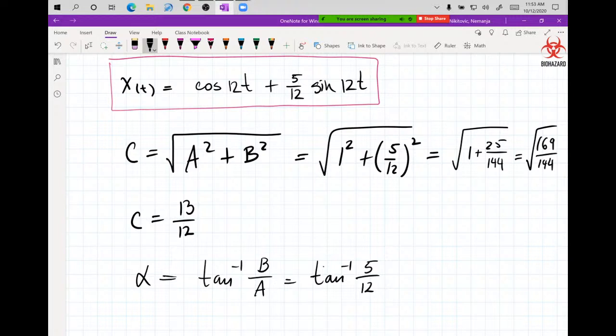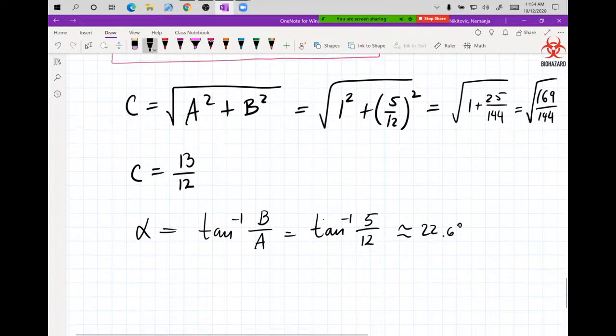So in the good old days, people had this all memorized. Let's see what we get. Okay, so I'm getting roughly 22.6 degrees.